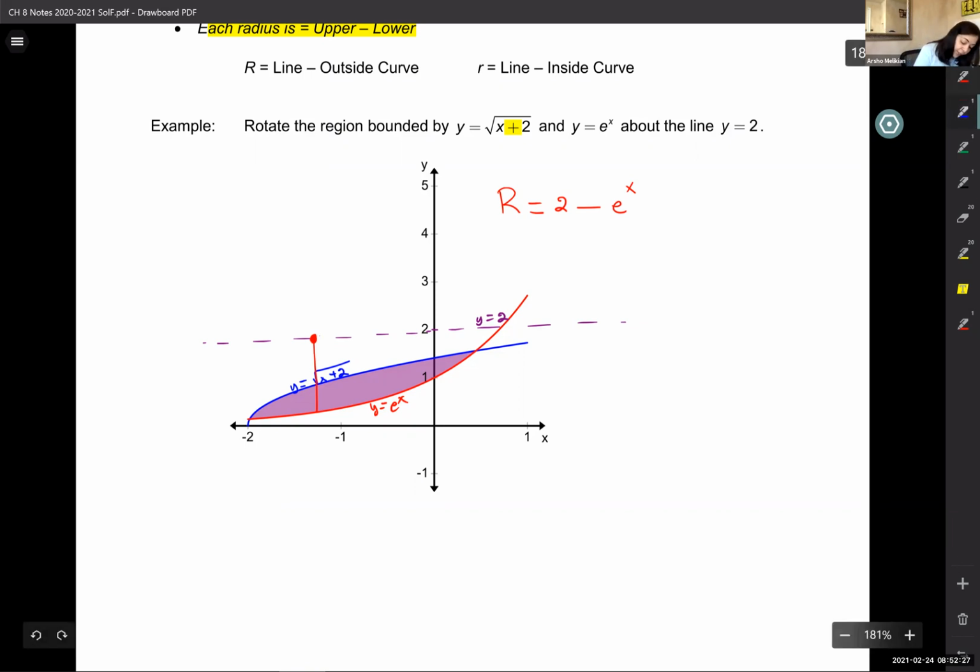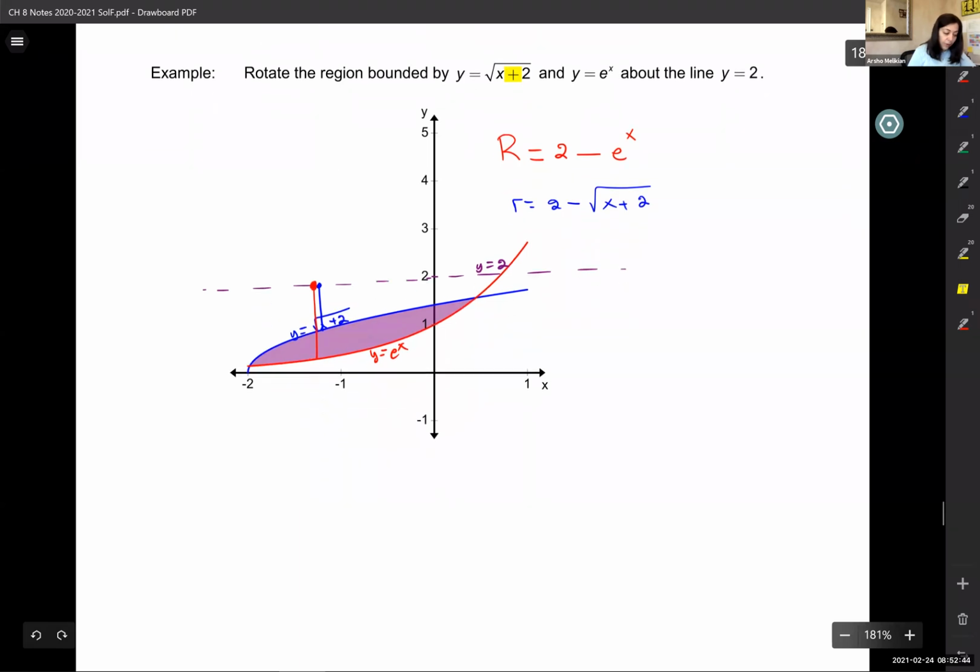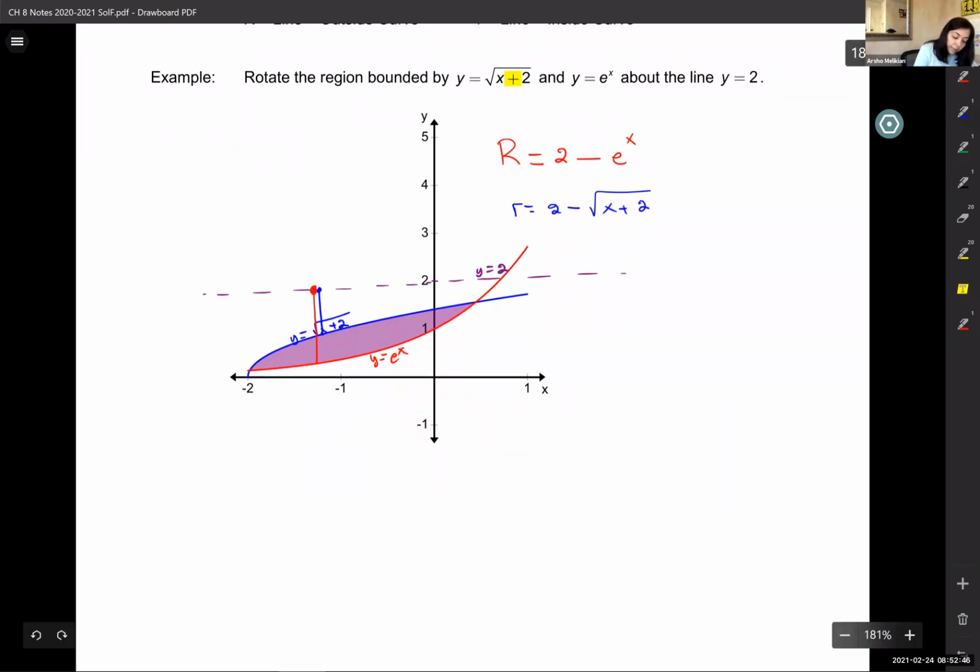And then the little radius, from the axis to the inner curve, the closer curve, that's 2 minus root x plus 2. Cool? My limits, the points of intersection, are A comma C, B comma D. So what does the volume look like?